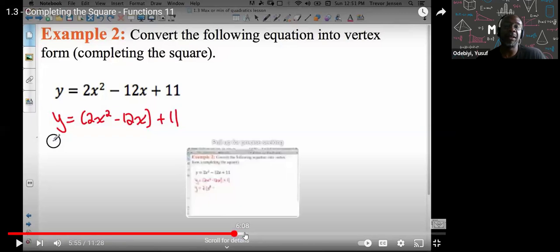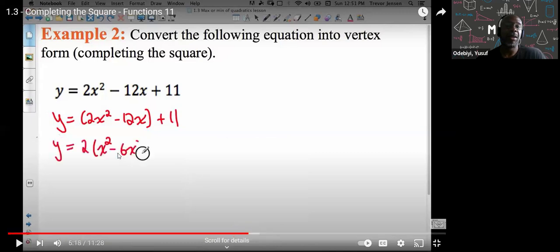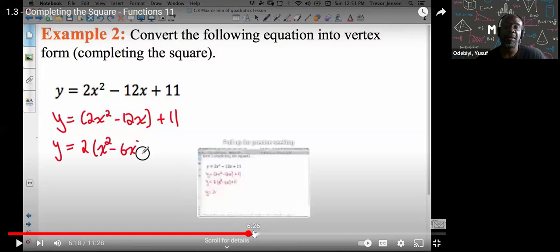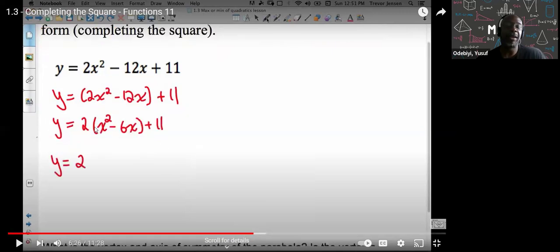The next line, when I fast forward, looks like that. 2 is on the outside, and I'm left with this. So I already know what my a is in vertex form, which is probably going to be 2.